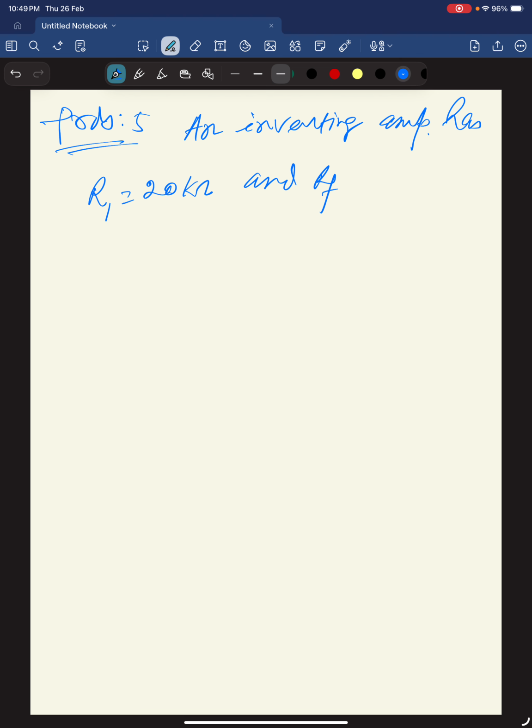Problem number 5. It's very simple only. An inverting amplifier has R1 equal to 20 kilo ohms and RF equal to 100 kilo ohms.